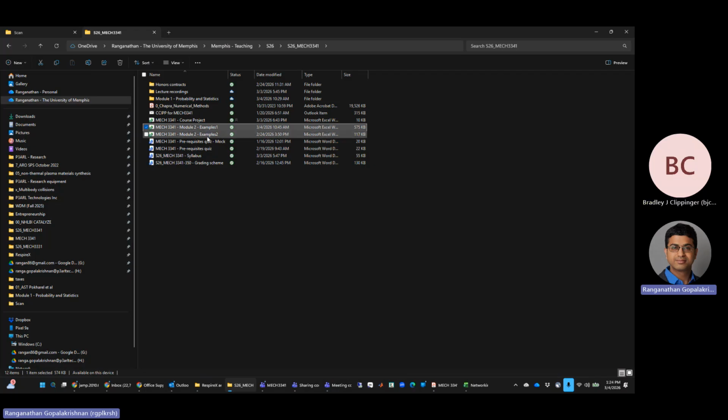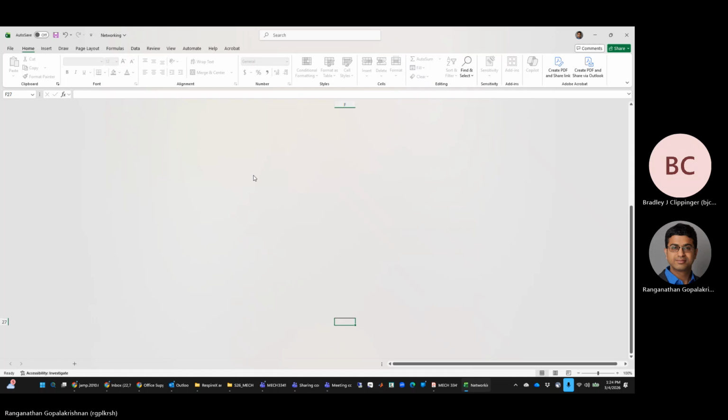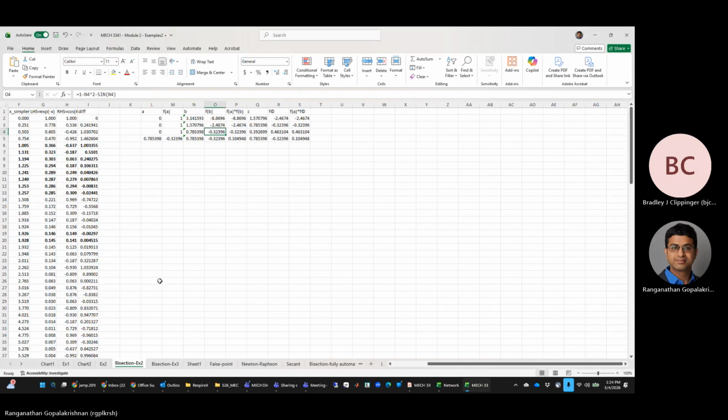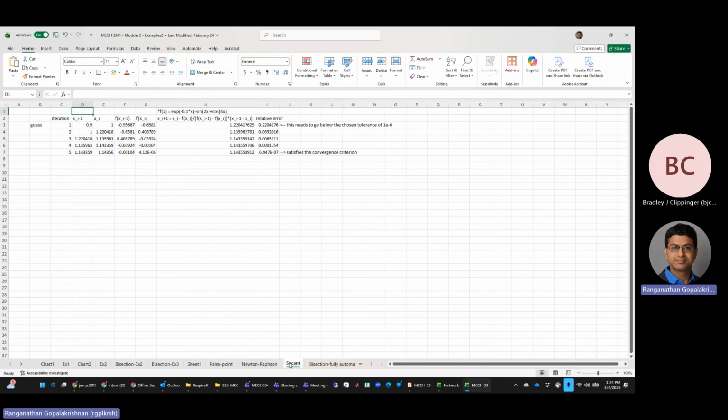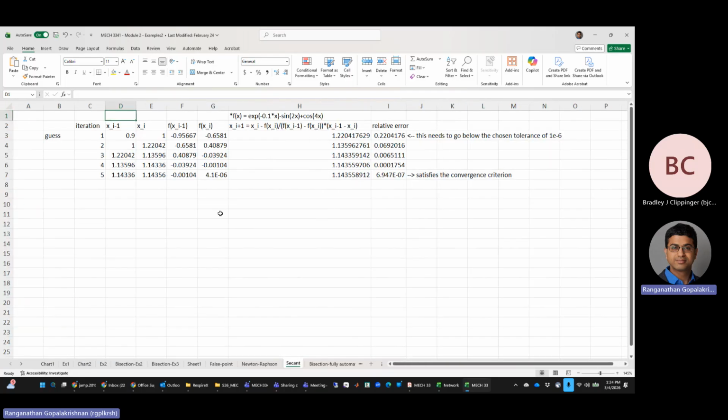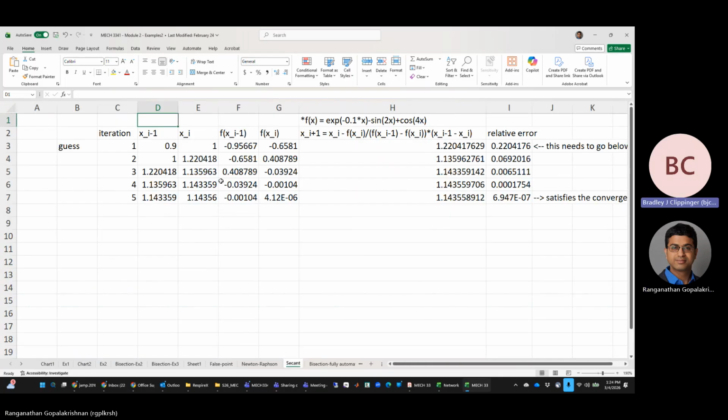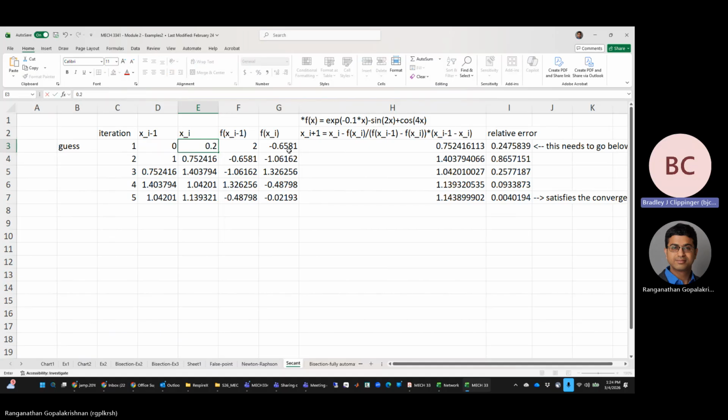One or two? 2. Okay, so you want to do secant, this one, secant method, right? Yes. So what guesses did you have? In class we had 0 for xi minus 1 and 0.2 for xi.